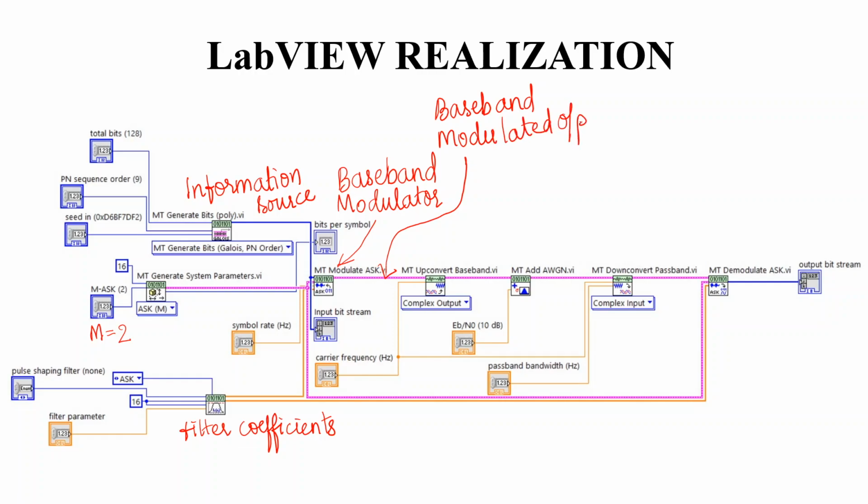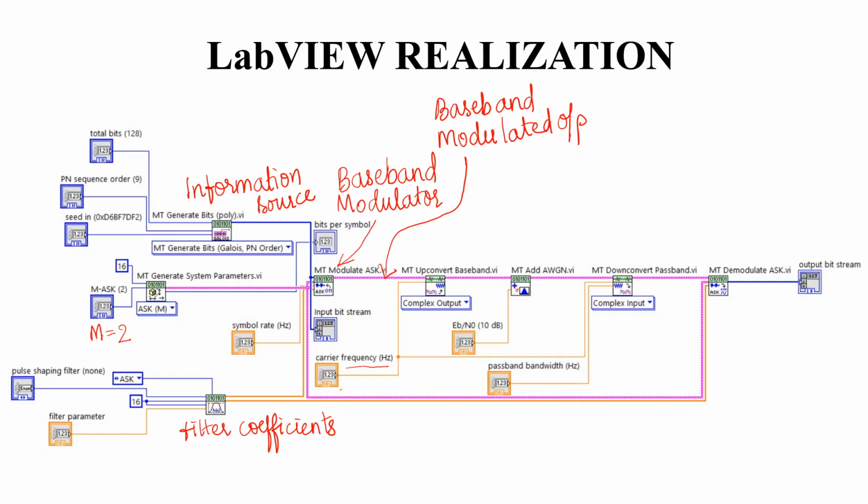After this, in our bandpass scenario, we need to upconvert the information to the carrier frequency. That is done by the next block called MT Upconvert Baseband, which has as one of its inputs the carrier frequency that you can observe over here.